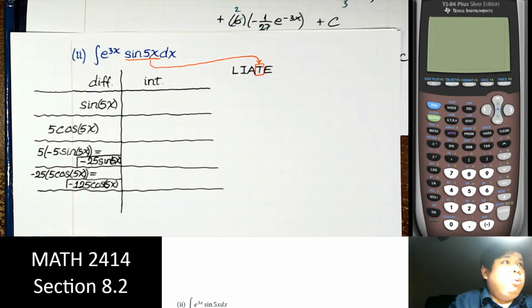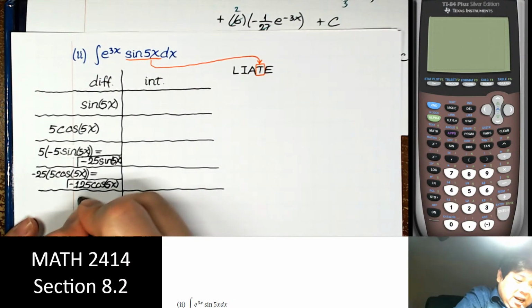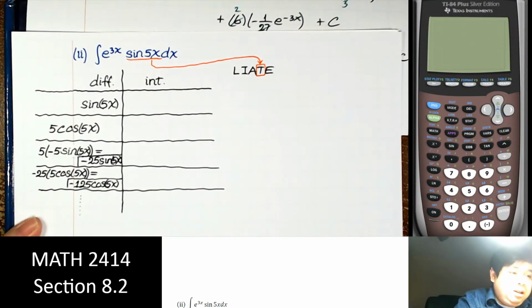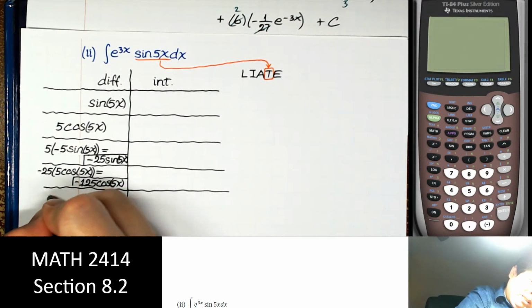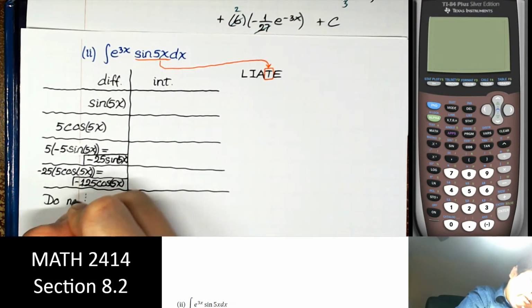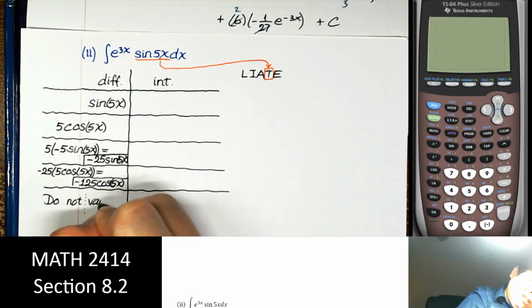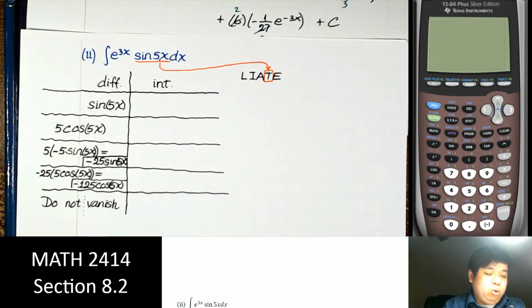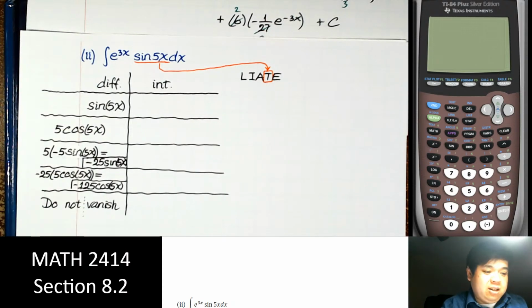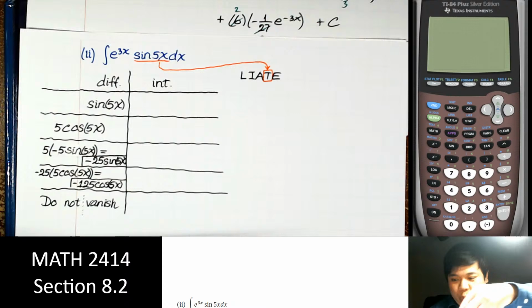I think that's more than we need. And then we can check the derivative, but when we do that, it will not go to 0. Just say, do not vanish. So that does not go to 0 when we take derivative of that. Right, so it's fine. We're still okay.